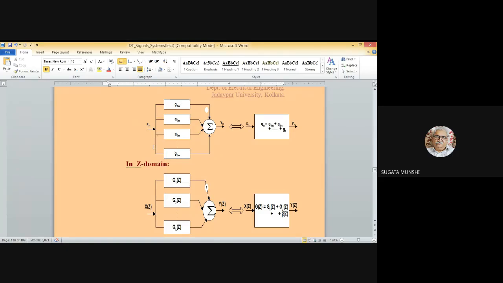Just give dotted lines here. Instead of firm lines, use dotted lines here.